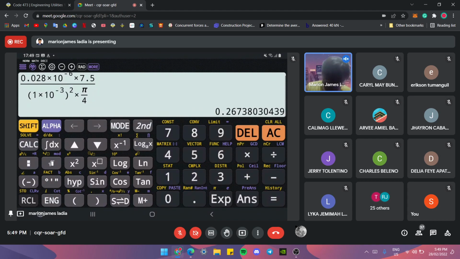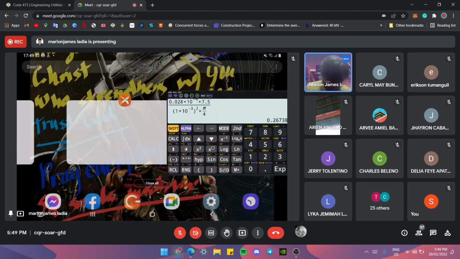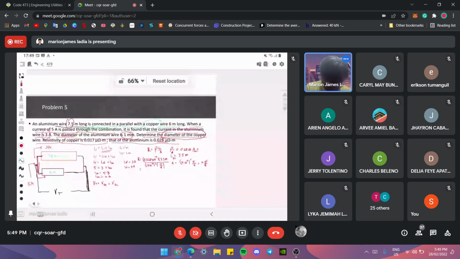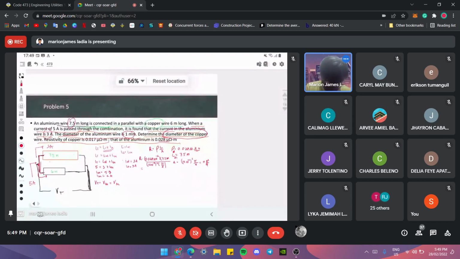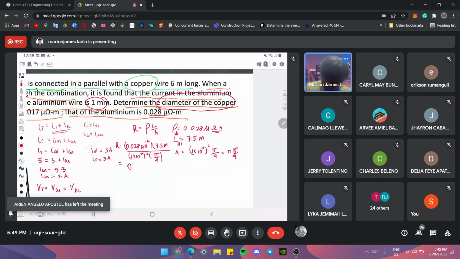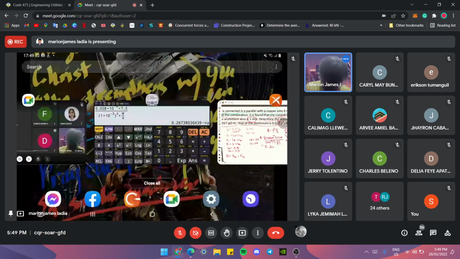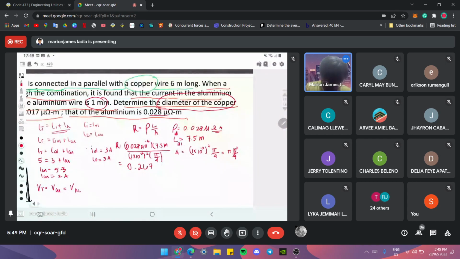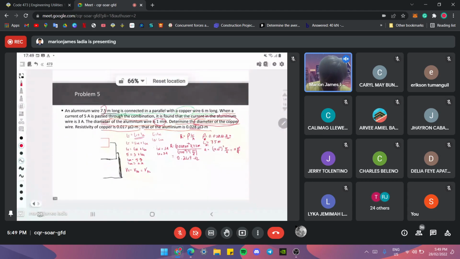So, shift store at A. So, yan, nag-store ako sa A. That is my resistance, 0.26. Yan yung resistance natin.